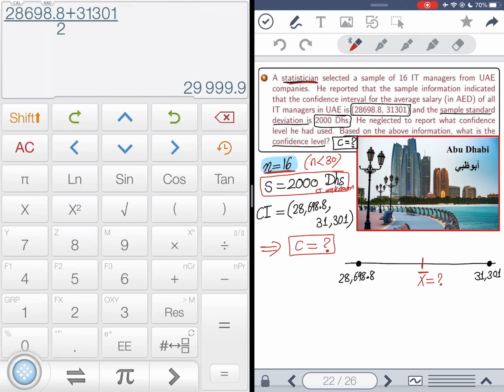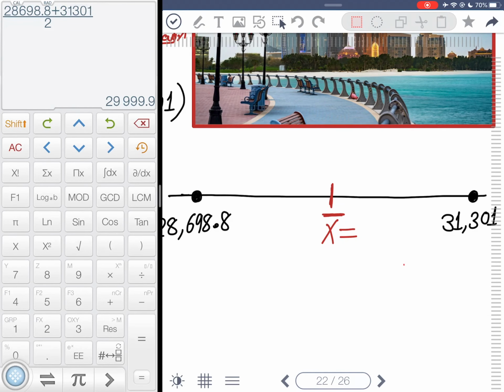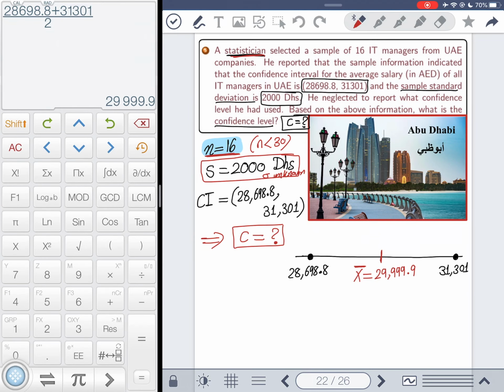Can we write 30,000, please? I mean, this is 29,999.9. Okay, if you want to write it, I will write it as it is. I wanted 30,000, but if you want to be as accurate as possible, yeah. So X bar is 29,999.9 dirhams. That's the sample mean.